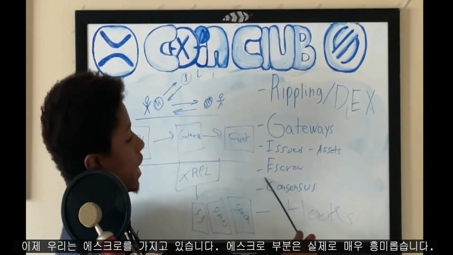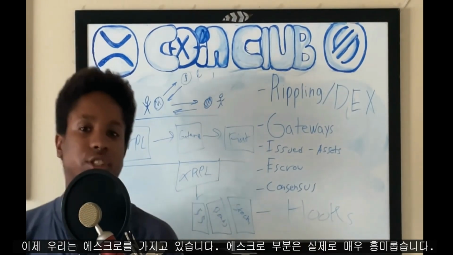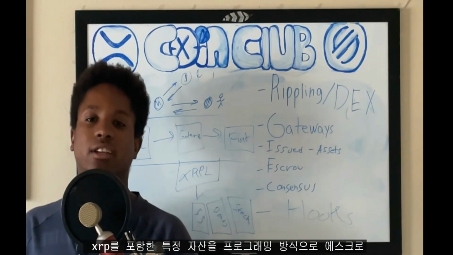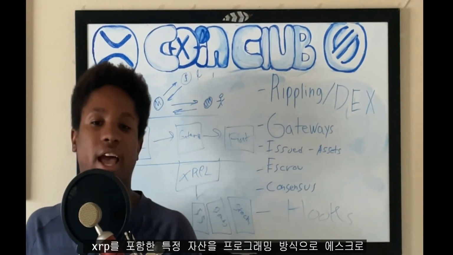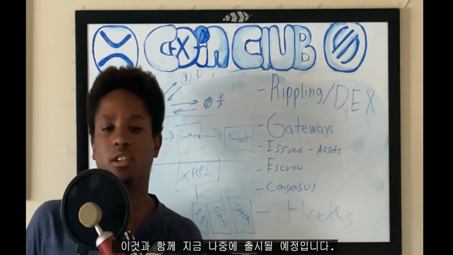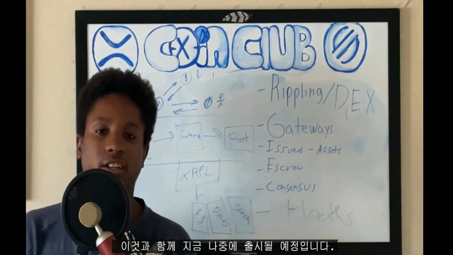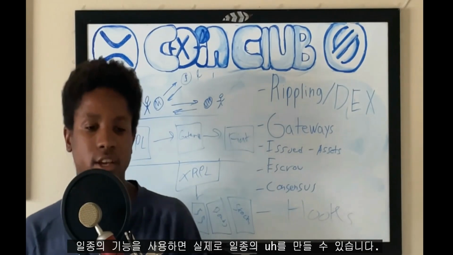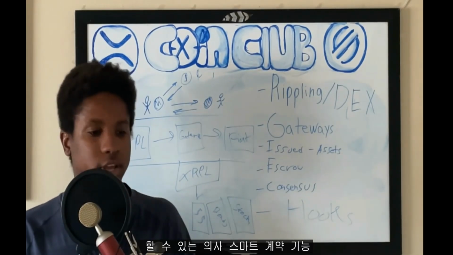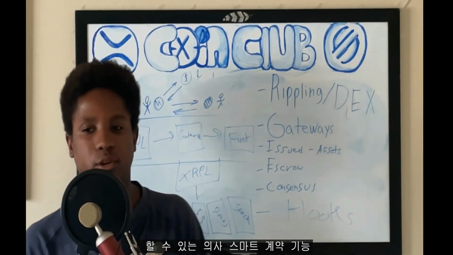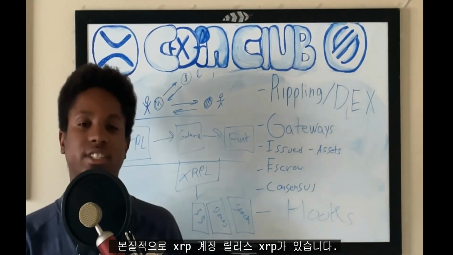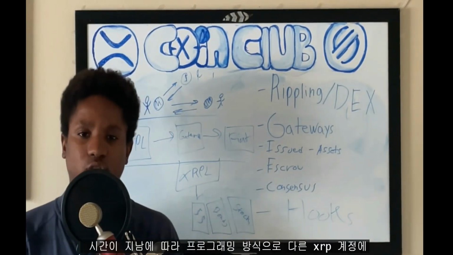Then we have escrow. Now the escrow portion is actually quite interesting because you can use the XRP ledger to programmatically escrow certain assets, including XRP, to be released at a later time. With this sort of feature, it allows you to create a sort of pseudo smart contract feature in which you're able to have an XRP account release XRP to another XRP account programmatically over time.